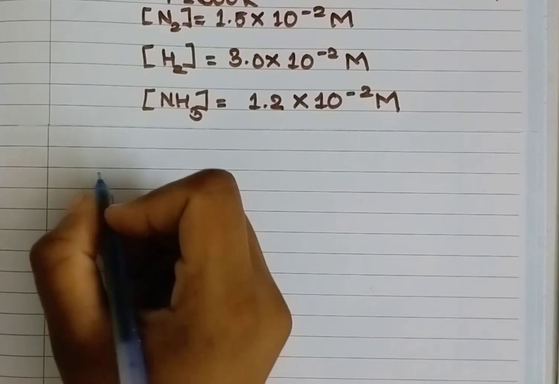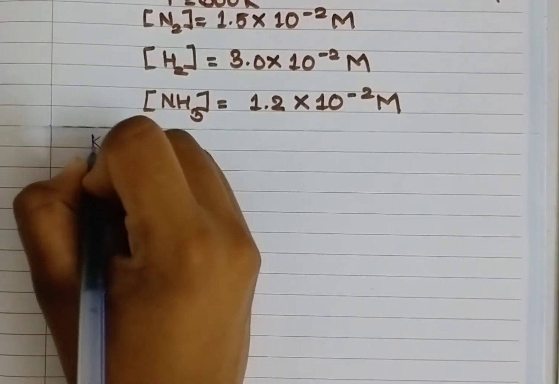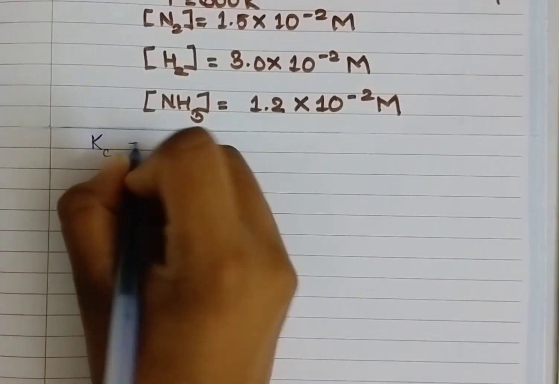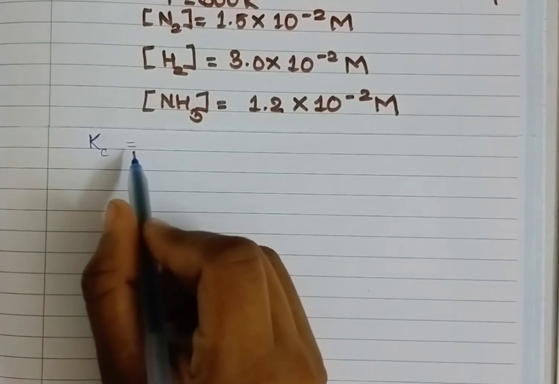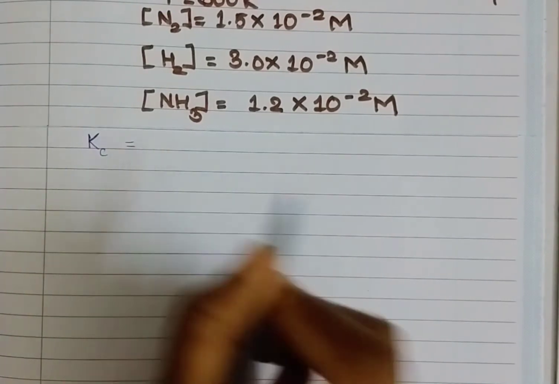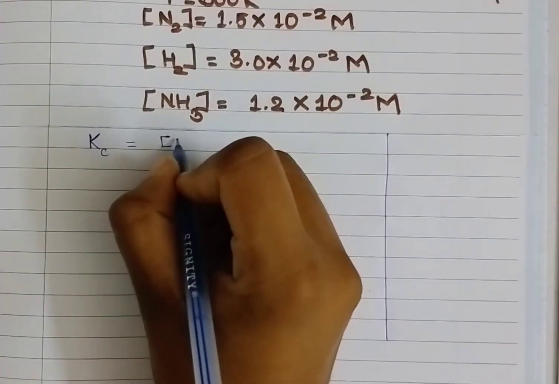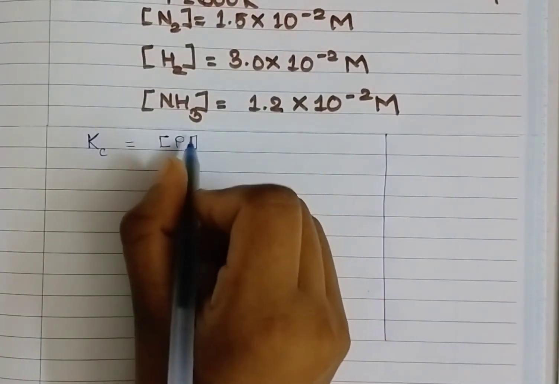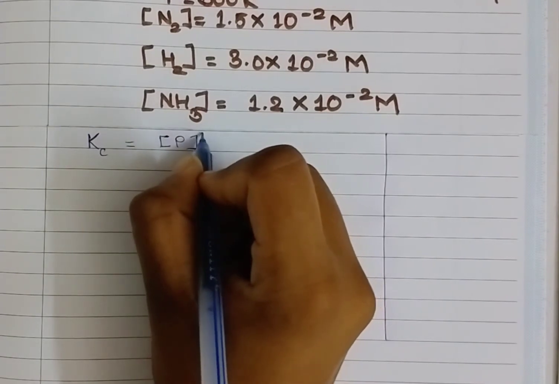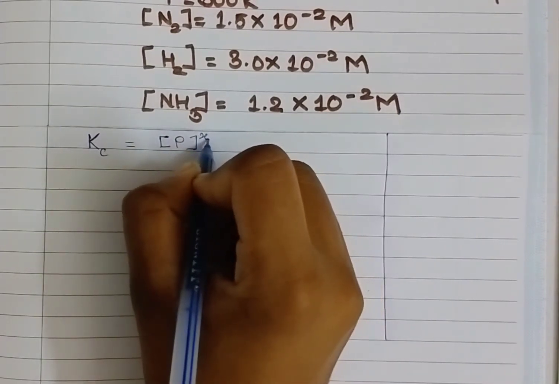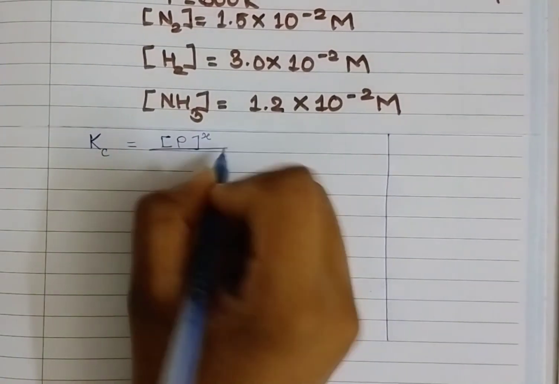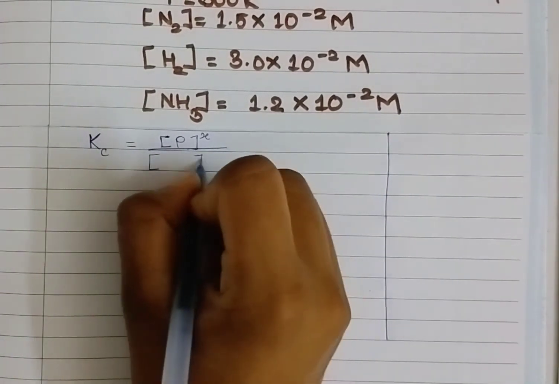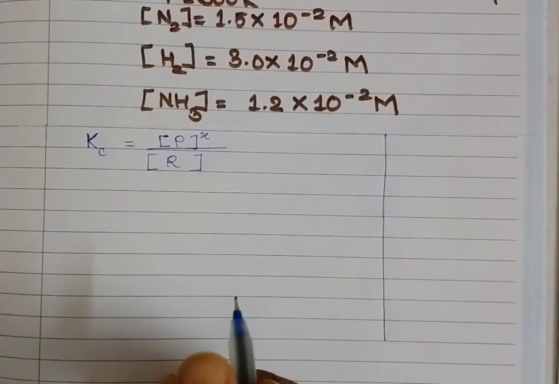Now let's write the formula for Kc. Do you know the formula for Kc? At first, I will show you the concept of Kc: the concentration of products with their stoichiometric coefficients, let's keep it as x, divided by the concentration of reactants.